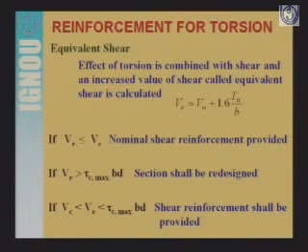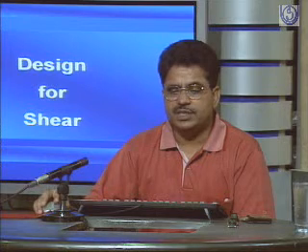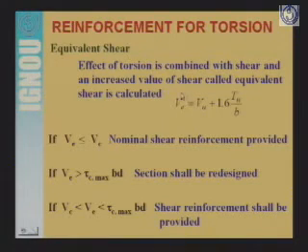This Ve, the equivalent shear, is equal to Vu, the original shear force, plus 1.6 Tu by b. This is the addition to take care of the torsional moment. Here Tu is the torsional moment and b is the width of the member.